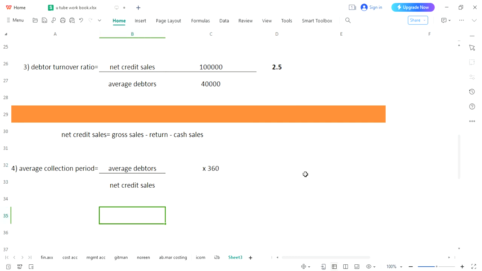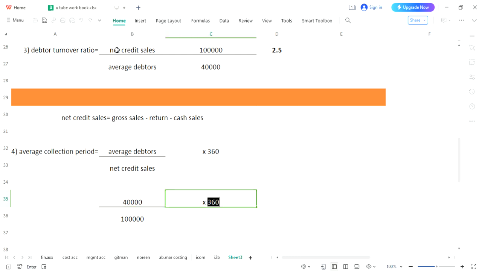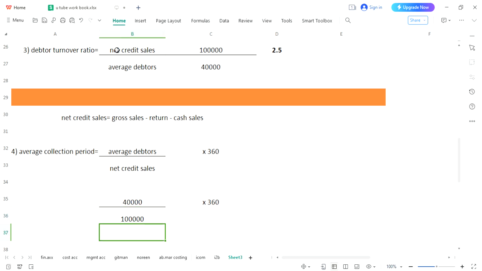Formula is completed. Average debtors in previous steps have already been calculated, that is 40,000, and you need to divide it by net credit sales, which is 1 lakh, already mentioned. So the formula is ready. We only need to put it on the calculator. Here we will multiply with 360.